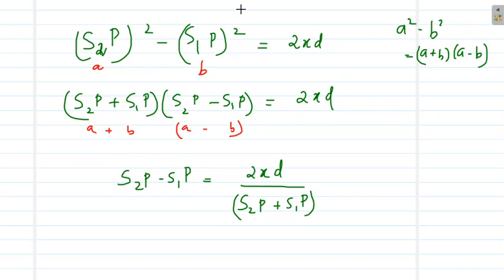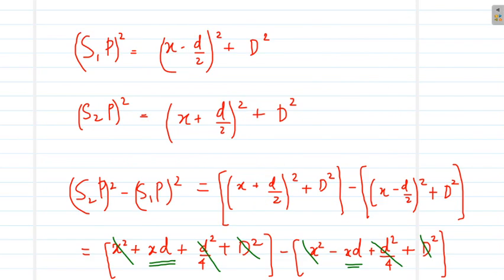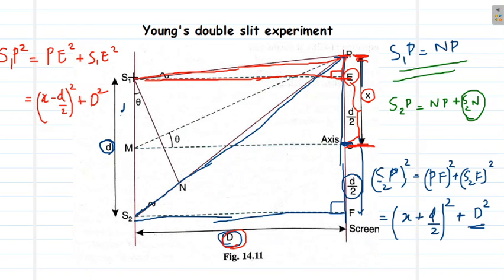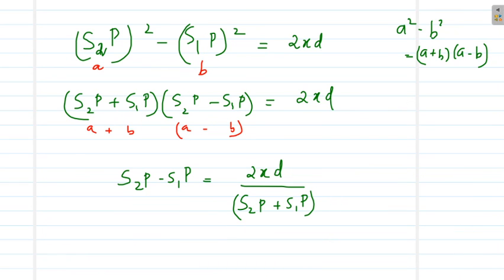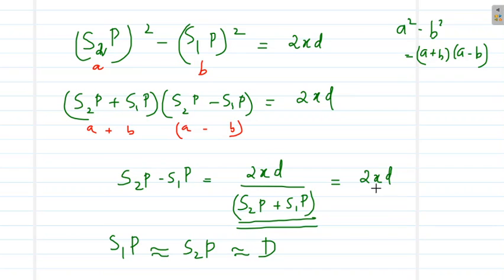Now we are going to make an approximation. For the denominator alone, we approximate that S1p is equal to S2p, which is approximately equal to D, the distance between the screen and the slits. So for this part you can write D plus D, which is 2D.